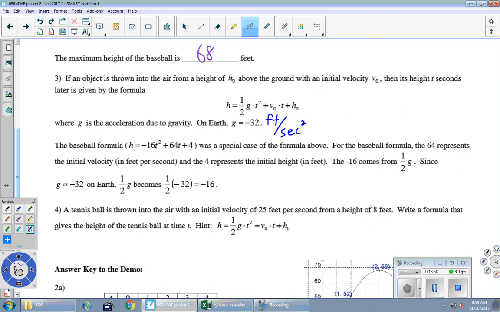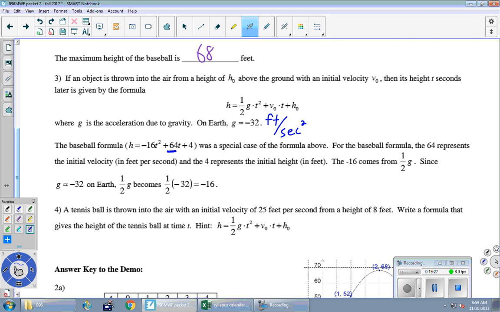I'm telling you, it's constant negative 32 here on Earth. Doesn't Mars have a different gravity than us? And you've seen video of folks hopping around on the moon like there's hardly any gravity. Well, there's gravity. It's just a lot less than the gravity here on Earth. So on Mars and on the moon, the g would not be negative 32. It'd be a different number. I'd give it to you in a problem like that.